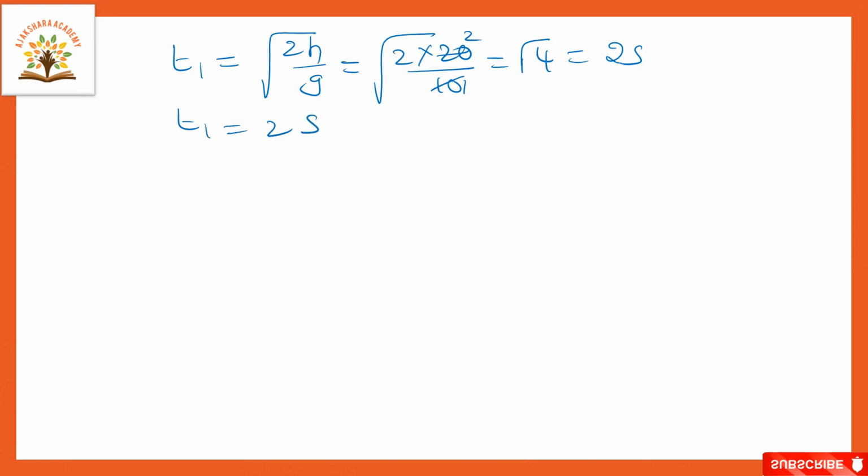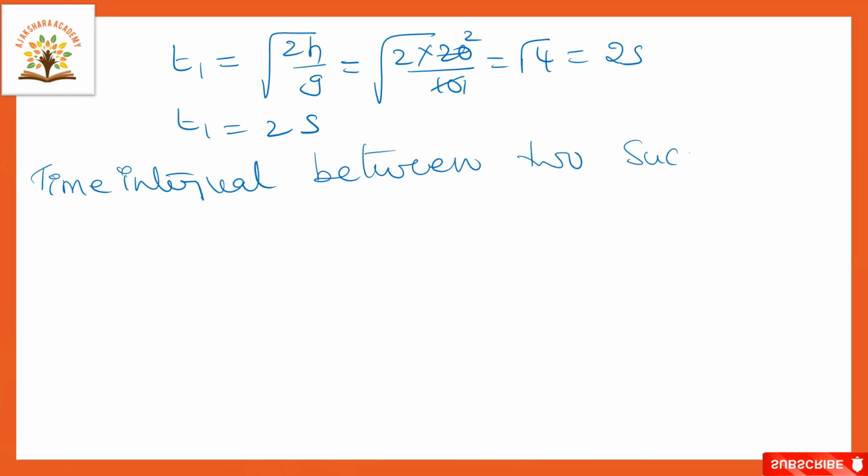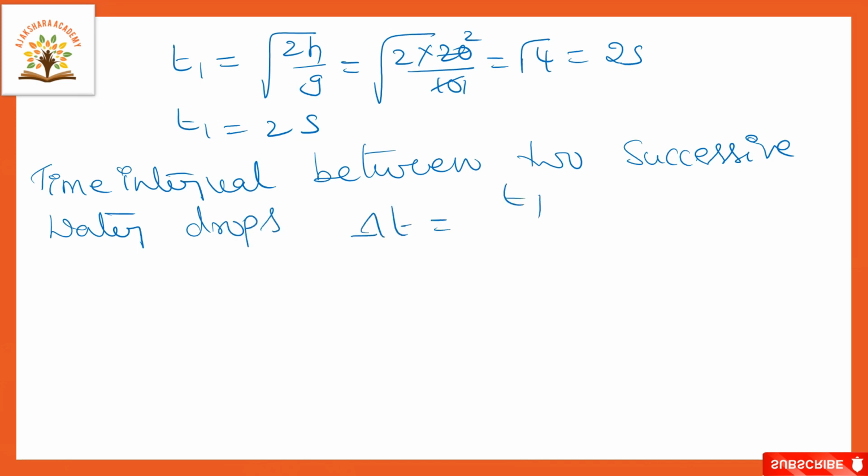Now time interval between two successive water drops, delta t is equal to t1 by n minus 1. Here 4 drops, 4 minus 1.